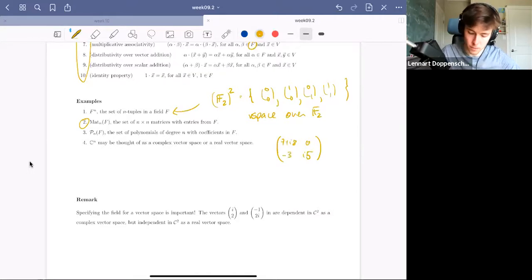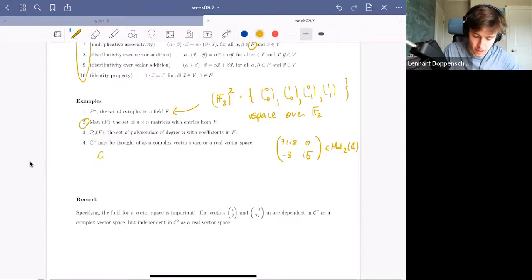So this would be a matrix of size 2 by 2 with complex entries. Same with polynomials. Polynomials are not restricted to having real coefficients. We can have any field elements as coefficients. And this is the special property of complex vector spaces.